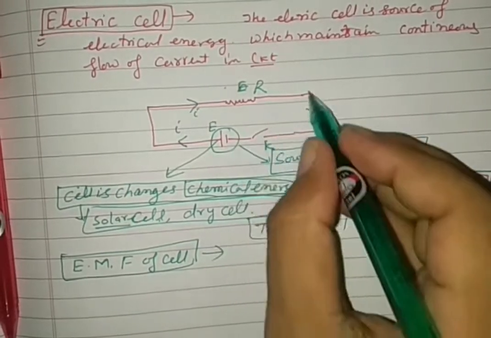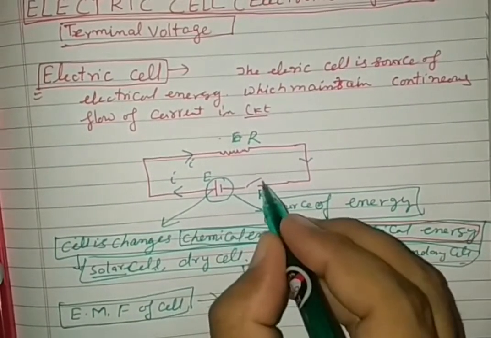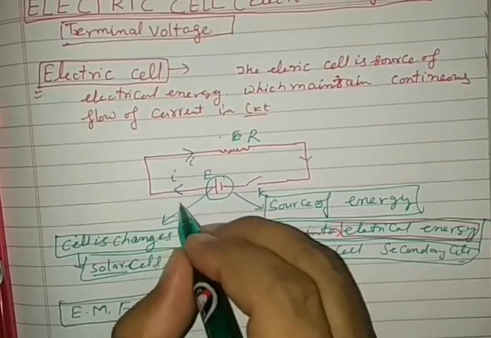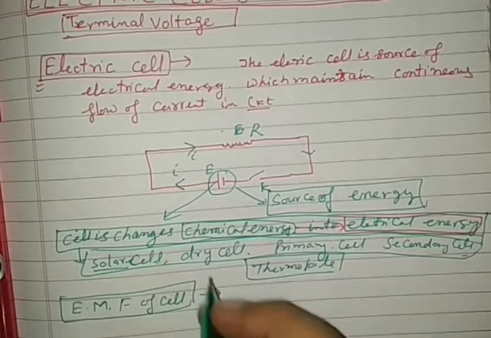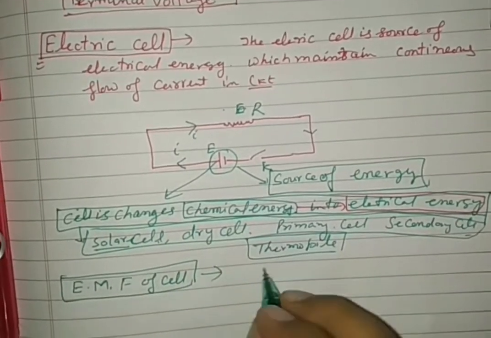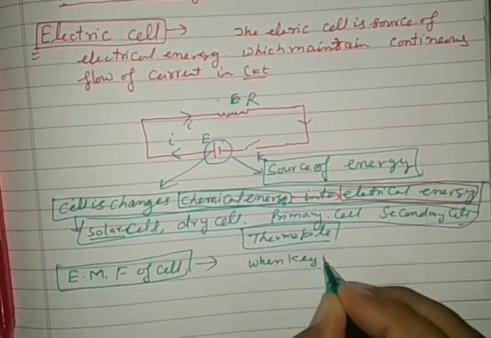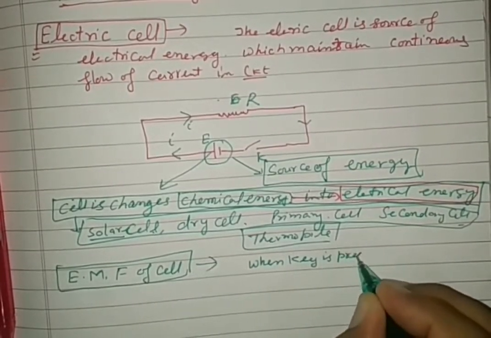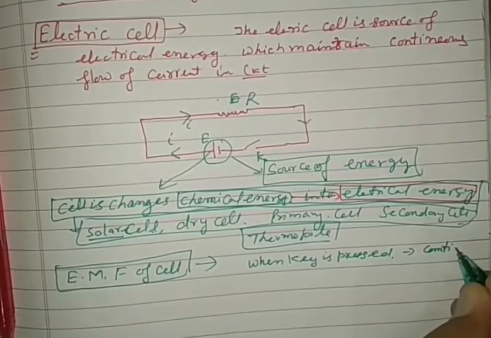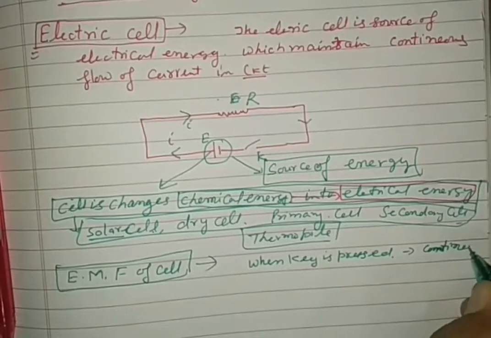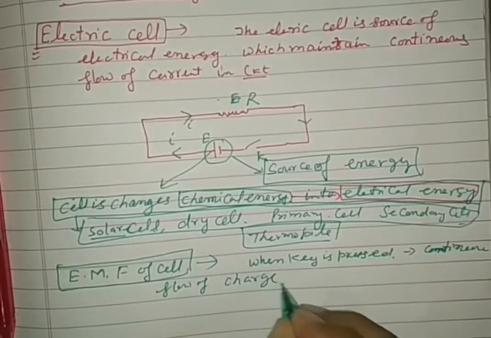By this diagram I am going to explain: when the key is pressed and current I flows in the circuit, there is a continuous flow of charge.